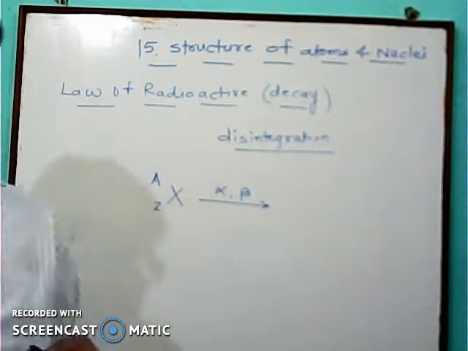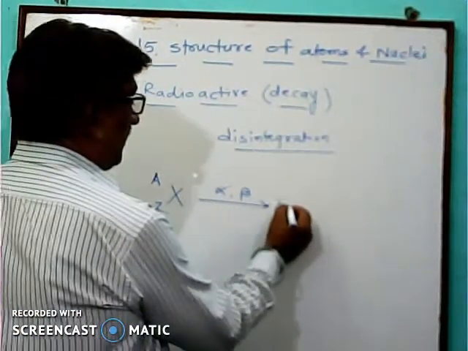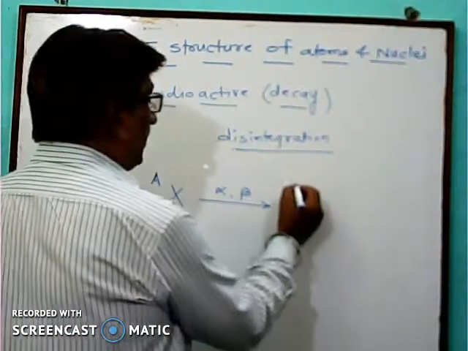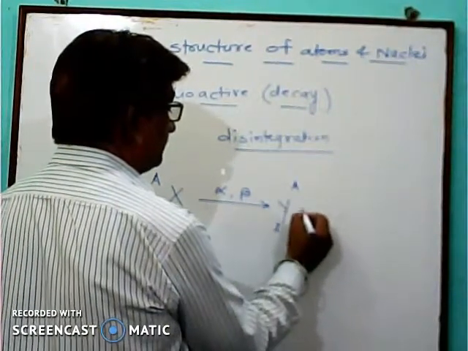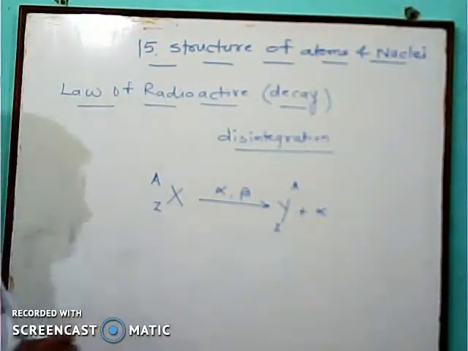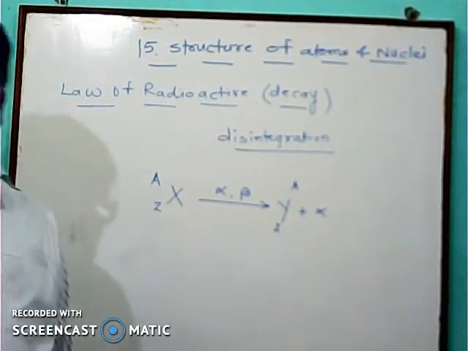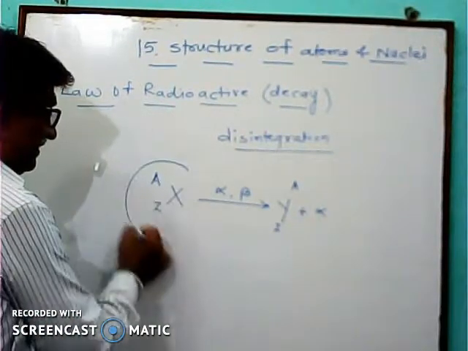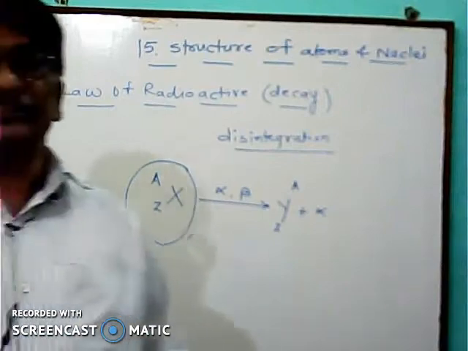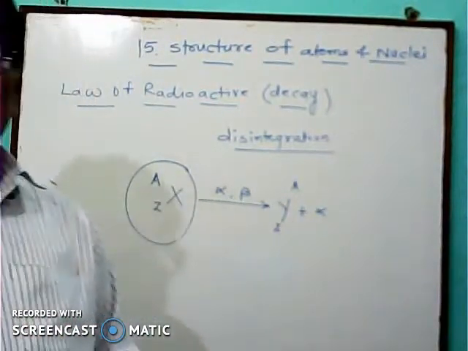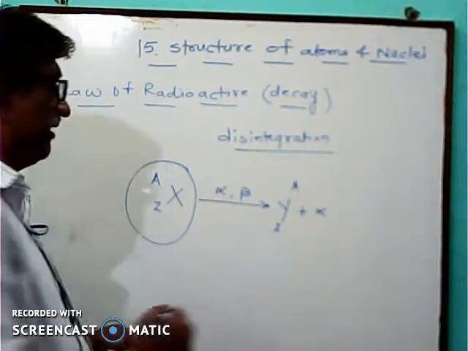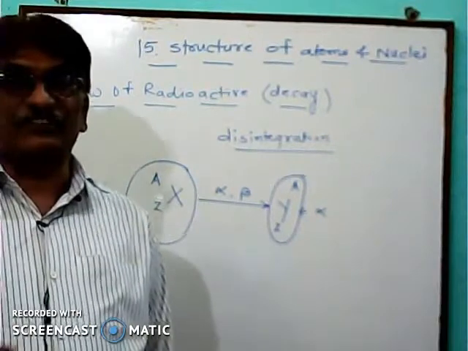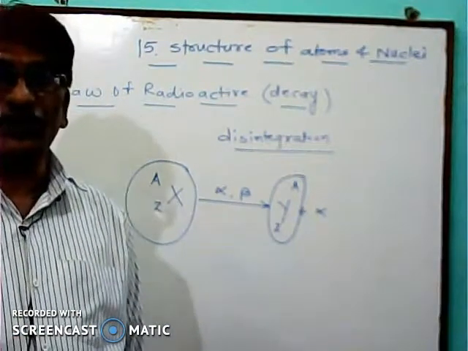Then a stable element, referred to as Y, will be formed with alpha emission or beta emission. This element X is said to be the parent nuclei, parent element, whereas this element Y is referred to as the daughter nuclei.